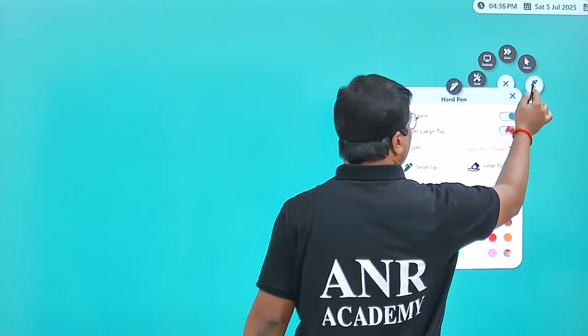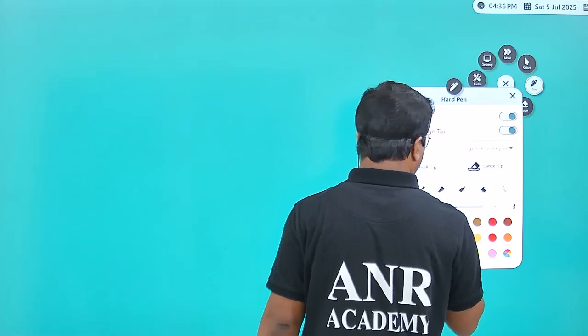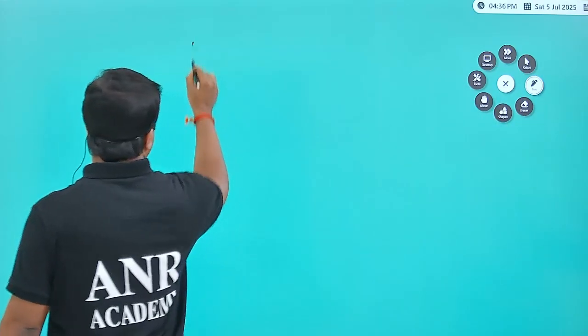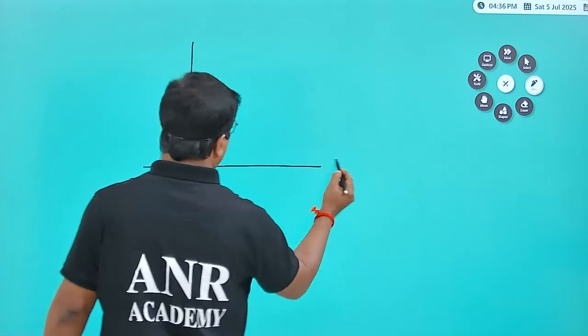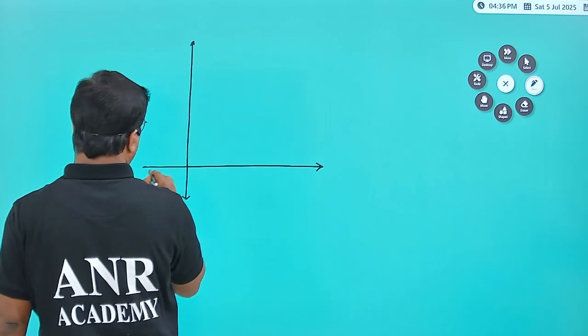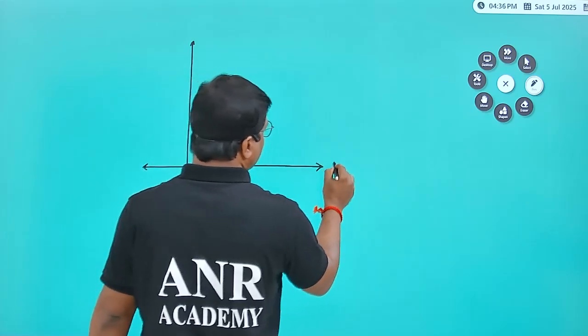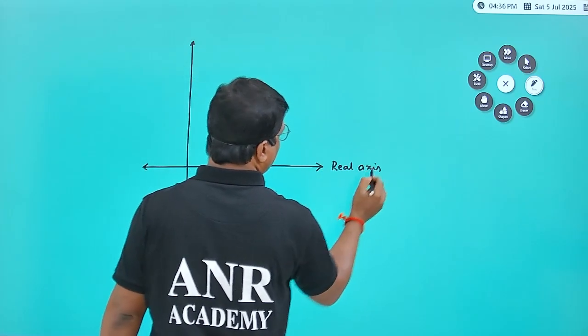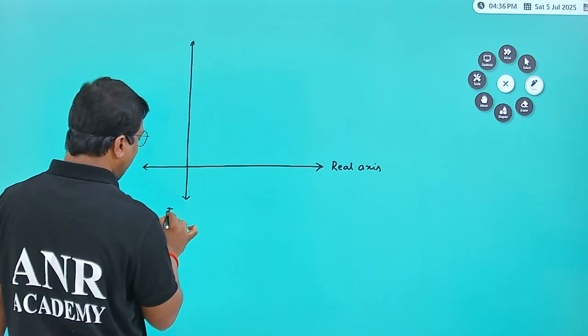Suppose that in an argand plane, this is the real axis and this one the imaginary axis.